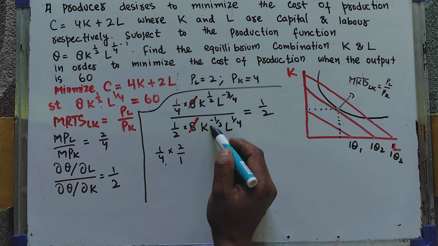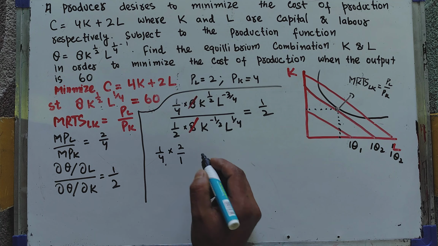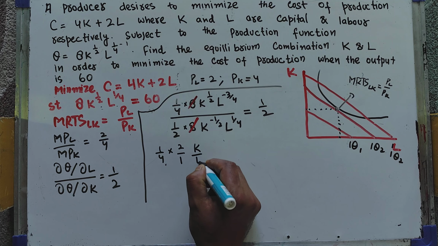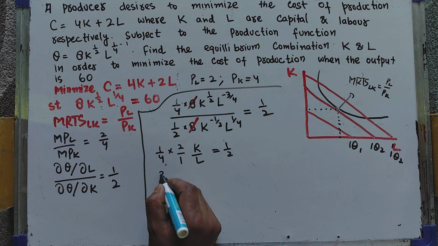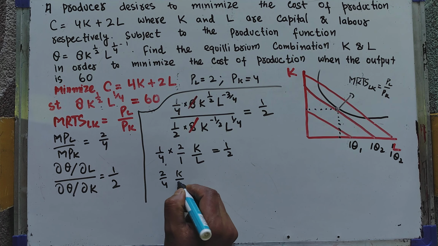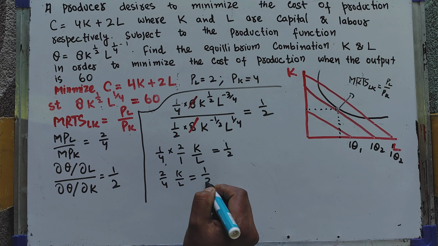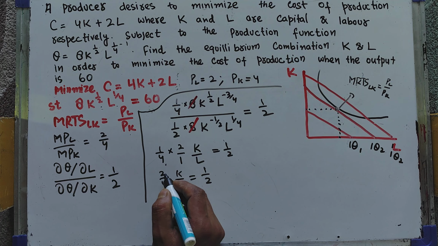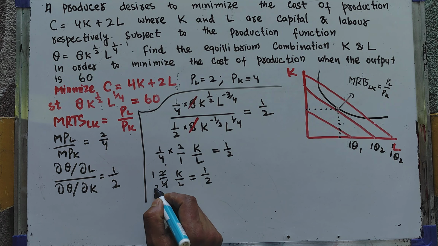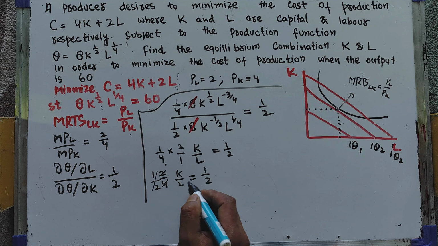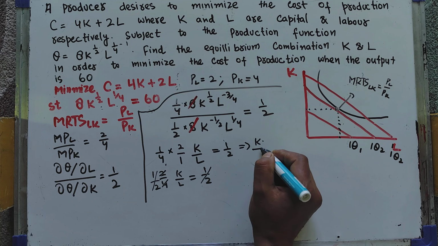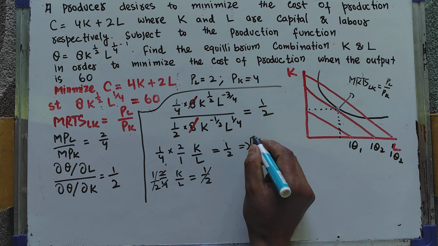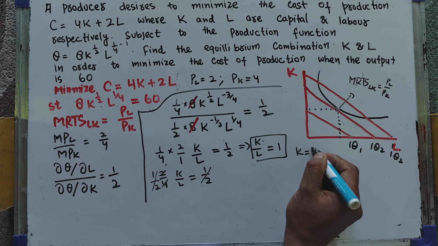Again transposing, K upon L is equal to 1 upon 2. So here we have 2 upon 4, K upon L is equal to 1 upon 2. So 2 upon 4 is basically 1 upon 2, and 1 upon 2 and 1 upon 2 get cancelled. So K upon L is equal to 1, which implies K is equal to L.